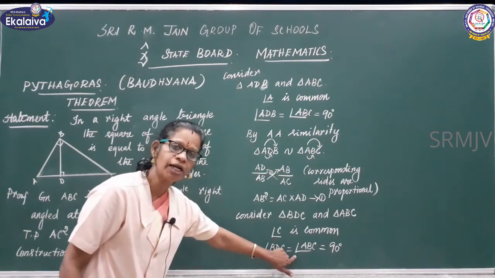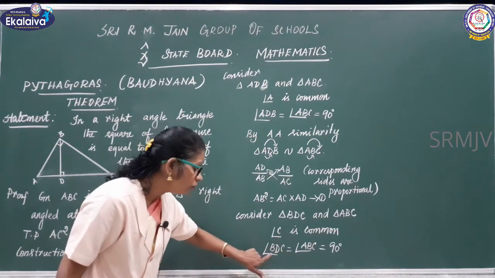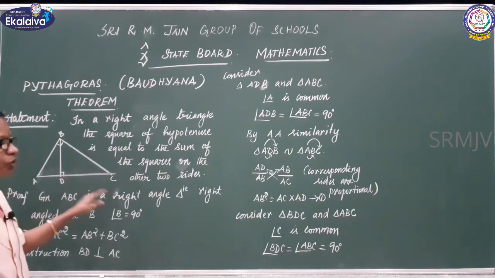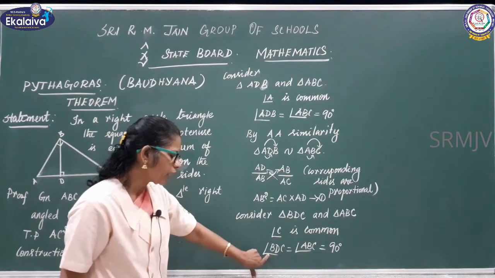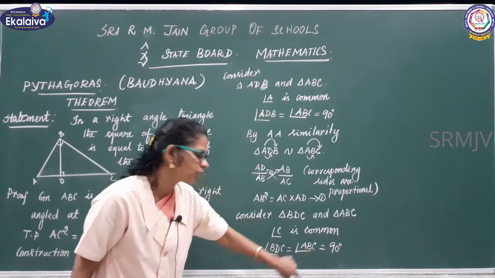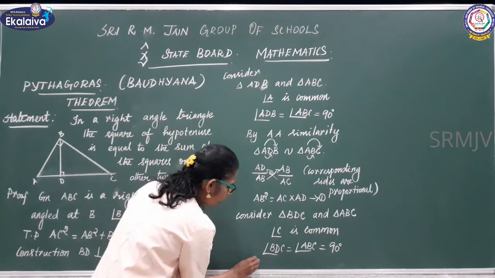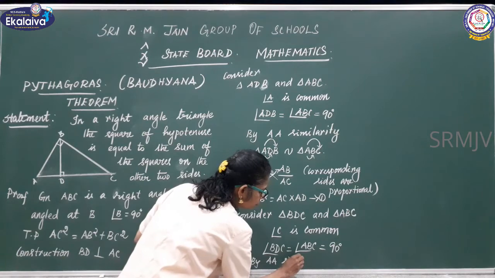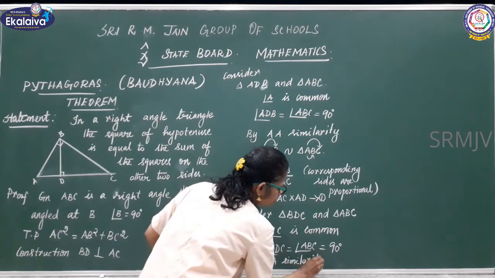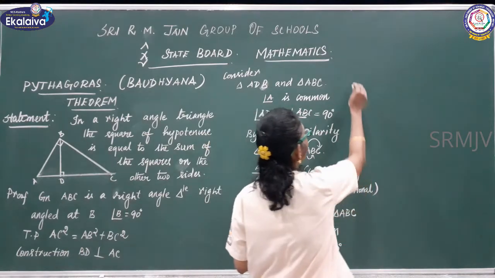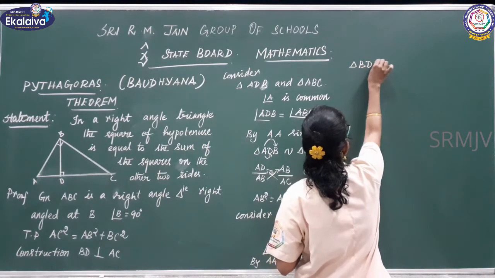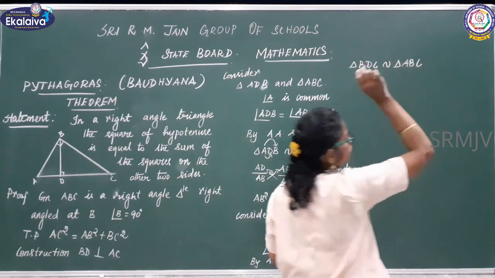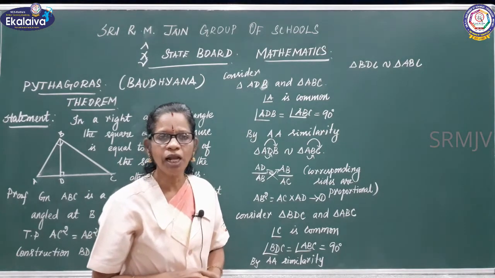How you arrived at this? Angle ABC is given as 90 degree. We constructed BD perpendicular to AC, that's why angle D equal to 90 degree. That's why we wrote angle BDC equal to angle ABC equal to 90 degree. By AA similarity, triangle BDC similar to triangle ABC.